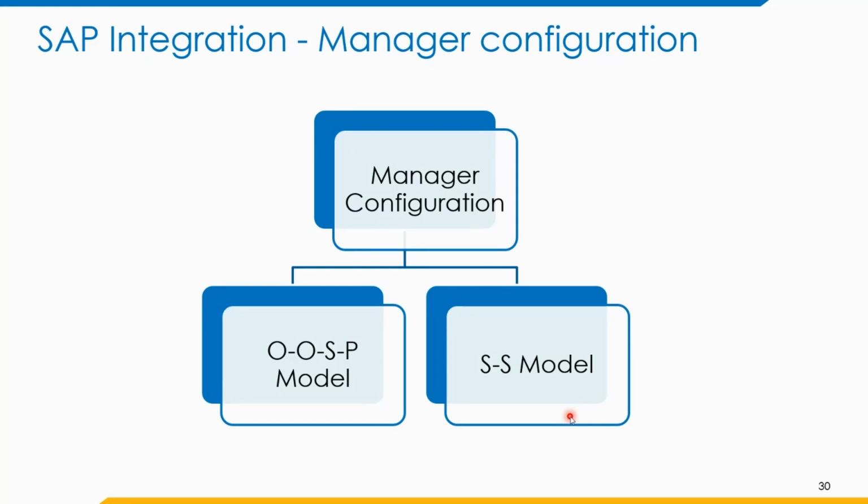Coming to manager aggregation, in the SAP HR system, the employees are managed in two different models: one is the OOSP model and the other is the SS model. We will see in detail what these models are.